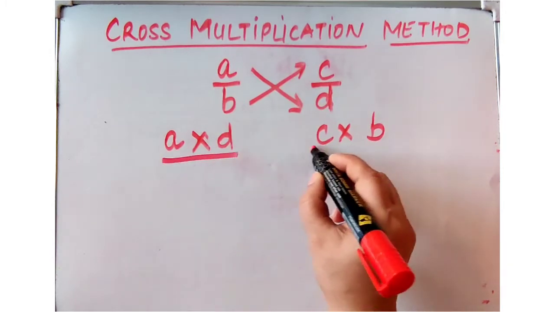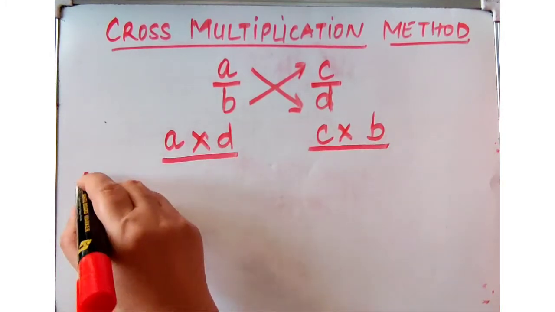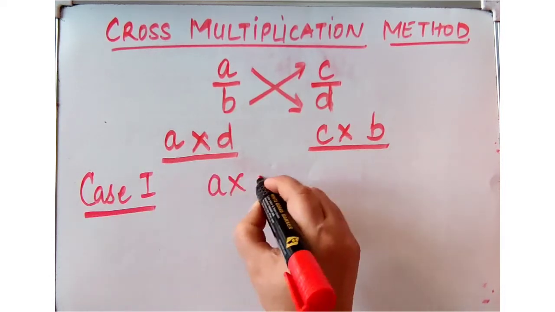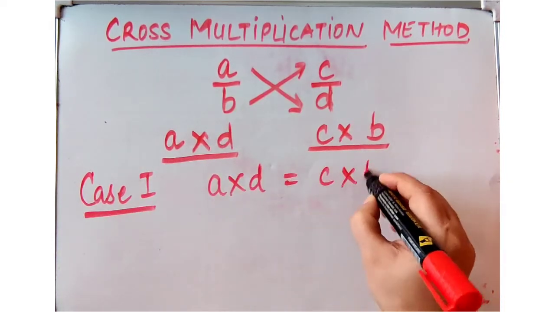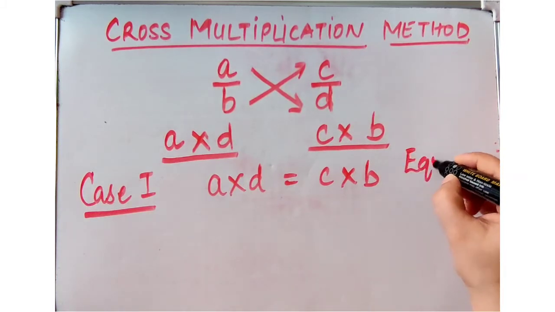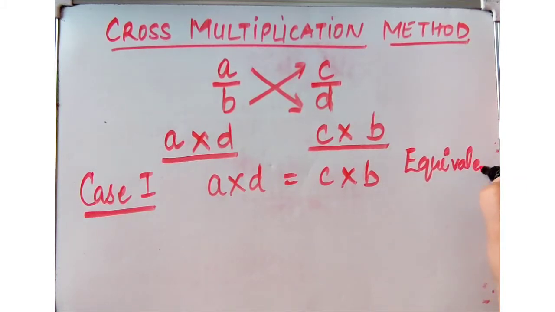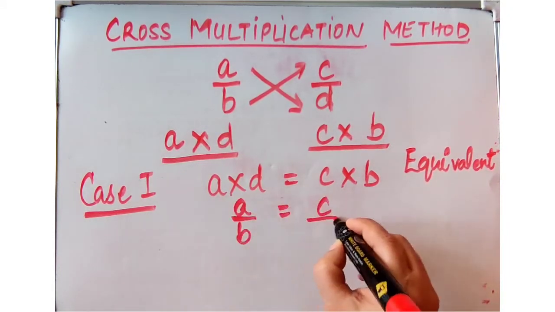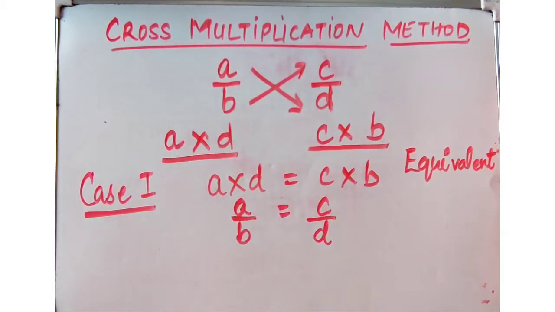You are going to find the products. Three cases will arise. So case 1, when a into d is equal to c into b. This we have already done. Then the fractions are equivalent fractions. That means a by b will be equal to c by d.